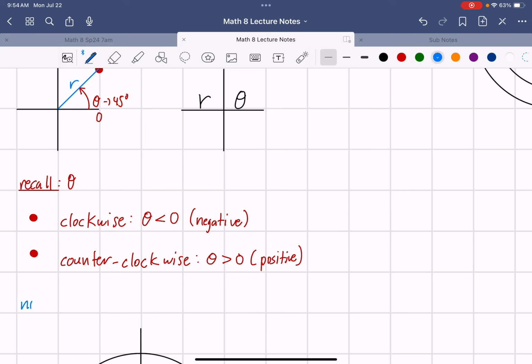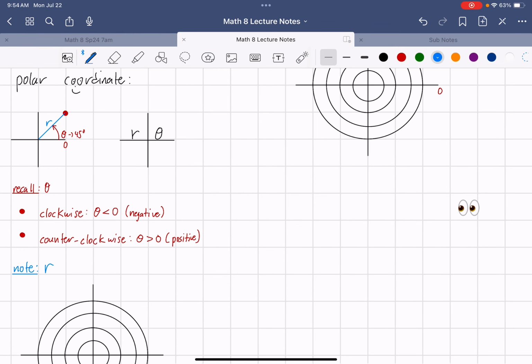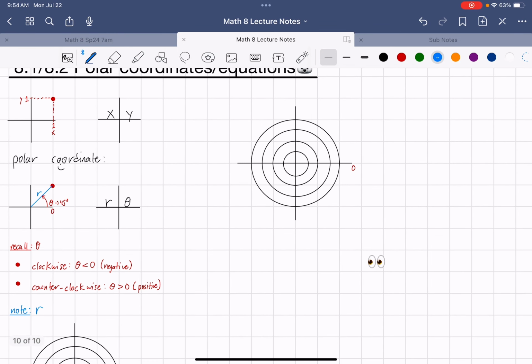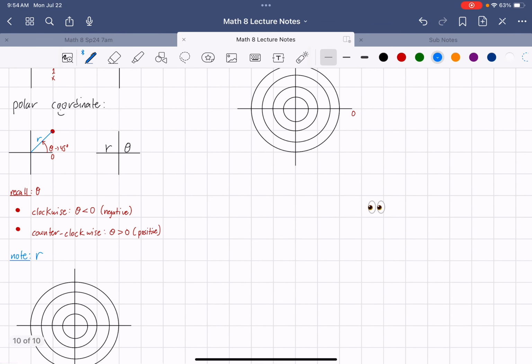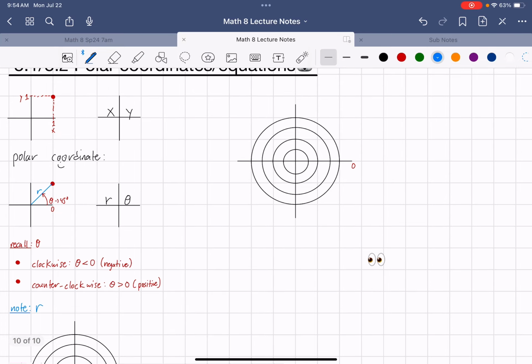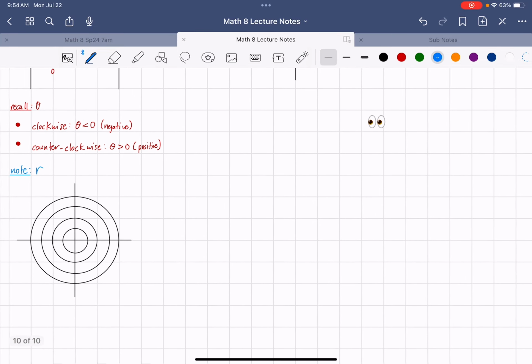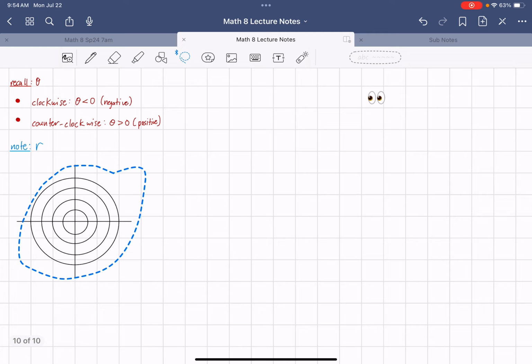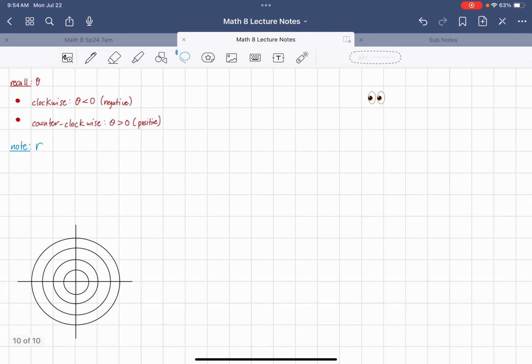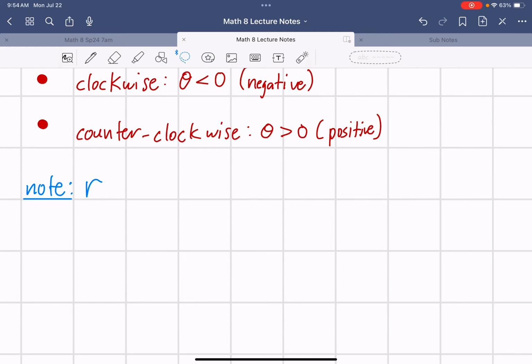The actual note, I would say, is going to be dealing with the difference between r being positive and negative. I'm running out of room here, so I'll just bring this down even further. I just like having this on the side so I can copy and reuse it. So, what happens when r is positive or negative?